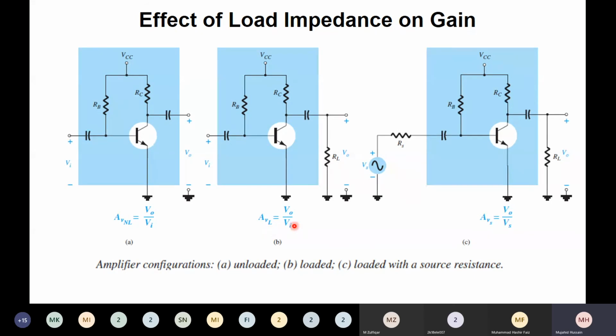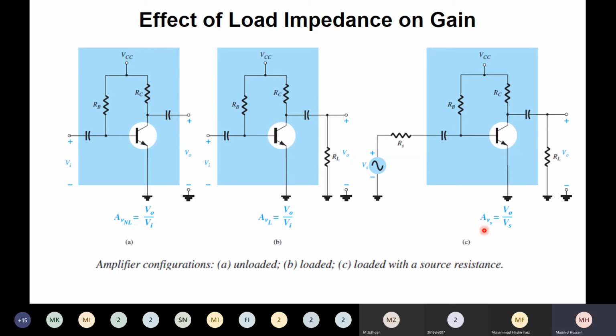So the source that is generating the signal has an internal resistance Rs at the input side, and the output side also contains the load resistance. So the overall gain of this amplifier, that is V naught over Vs, the source voltage, will be the overall gain of the amplifier.